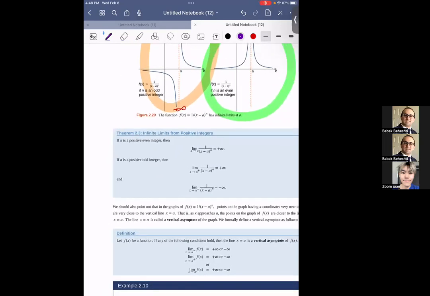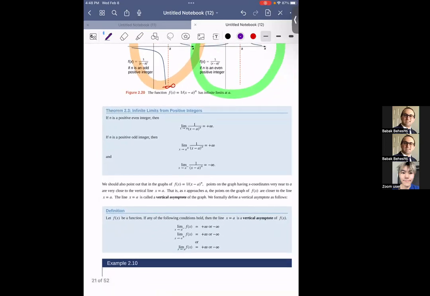And here, another important definition. We say that x equal to a is a vertical asymptote. You should know this. Definition of a vertical asymptote. What is a vertical asymptote? x equal to a is a vertical asymptote if the limit of f of x, either as x goes to a minus or a plus, is equal to infinity.